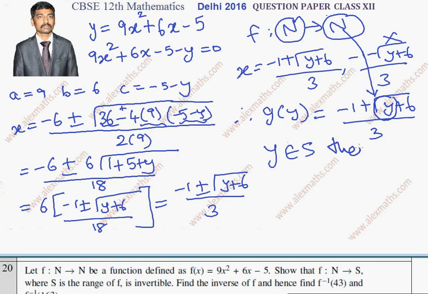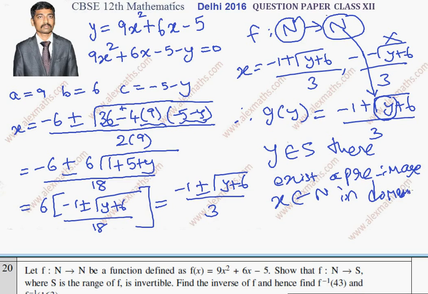There exists a pre-image x belong to n in domain. That is, it is not for all the value the pre-image exists, only when y belong to the S. S is nothing but the range of the function.